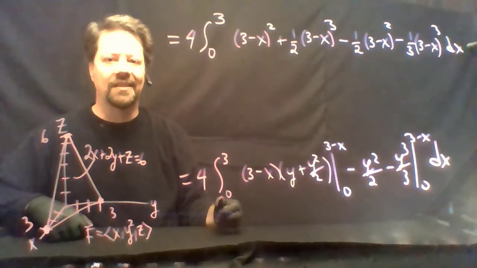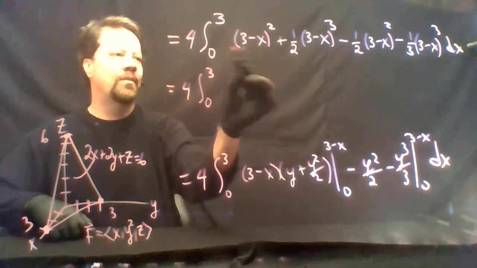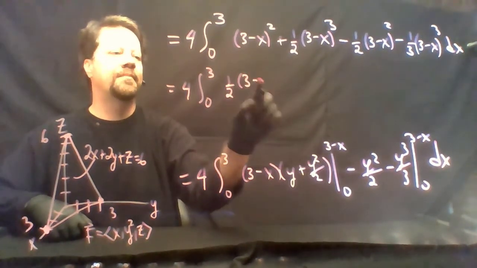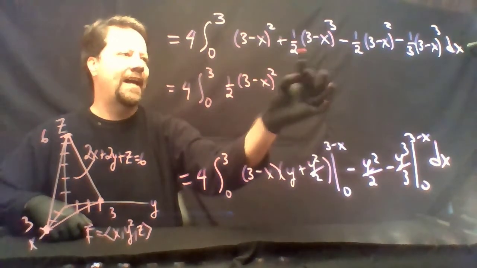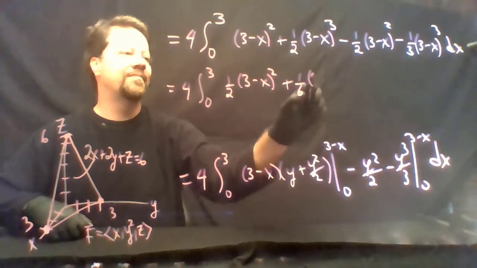Let's combine like terms. One of them minus half of them gives you 1/2 of them. 1/2 minus 1/3 is plus 1/6.